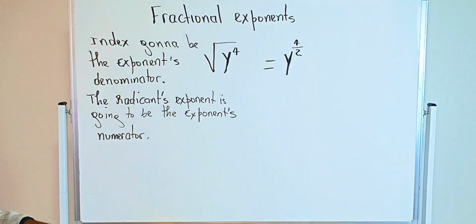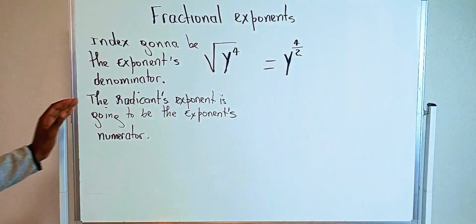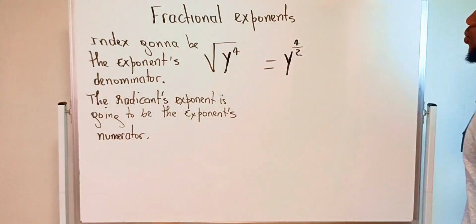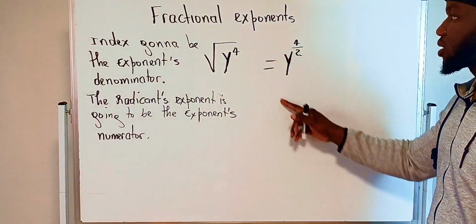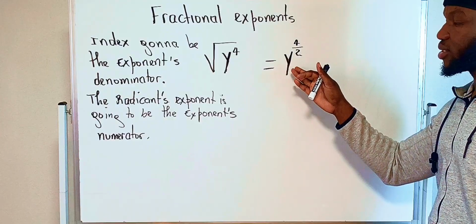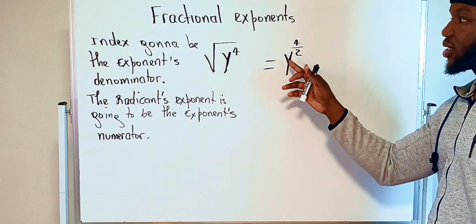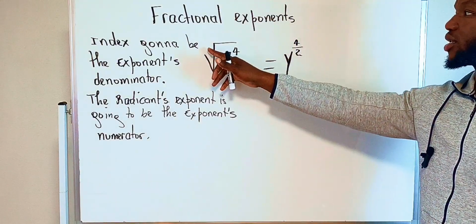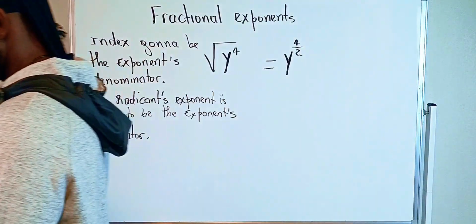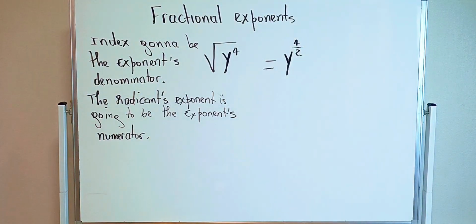You see what I mean? That means if I got this radical to write as a fractional exponent, it's gonna be like that. You put the radicand over here, the index is gonna be the denominator, and the radicand exponent is gonna be the numerator. Easy stuff.